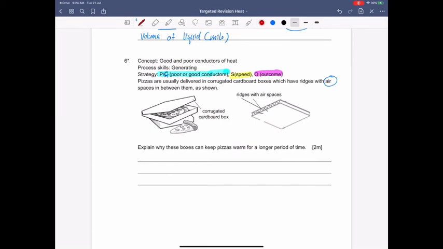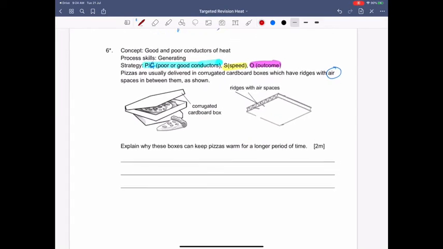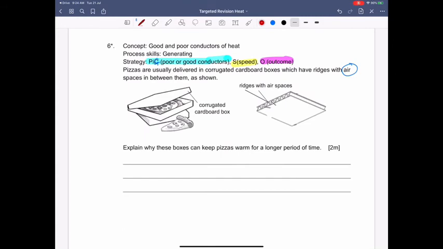So you need to tell me that the first thing is poor or good conductor, right? So air spaces. You need to relate to the idea that the air is the poor conductor. I'm not talking about the cardboard. Students tend to think that it's the cardboard. No, the cardboard is just to contain the air. The air is the one that is the poorer conductor.